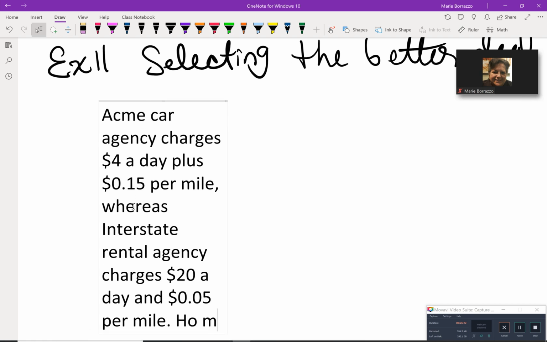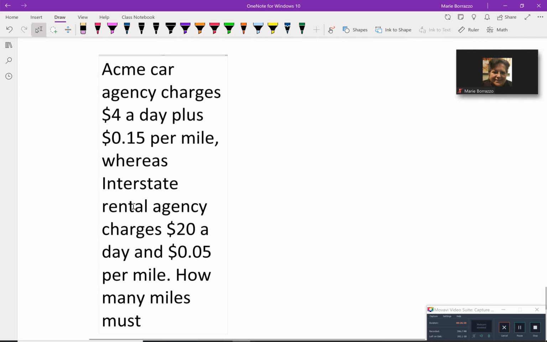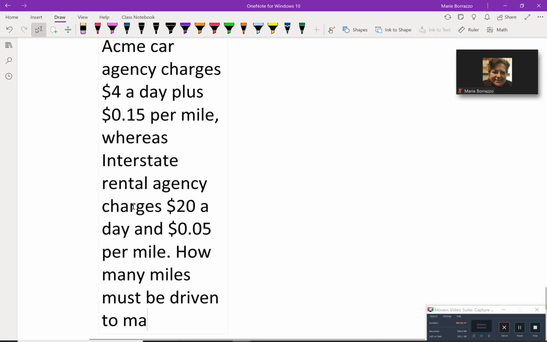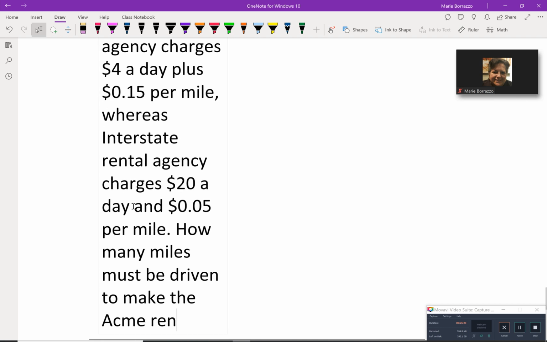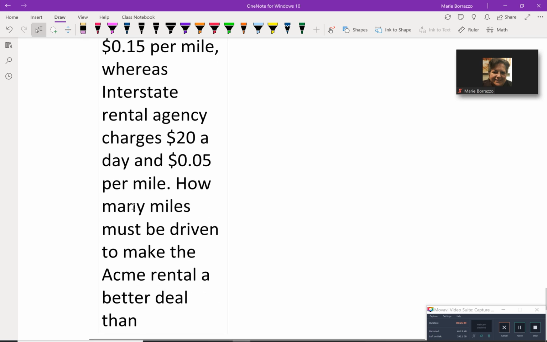The question is, how many miles must be driven to make the Acme rental a better deal than the interstate rental?